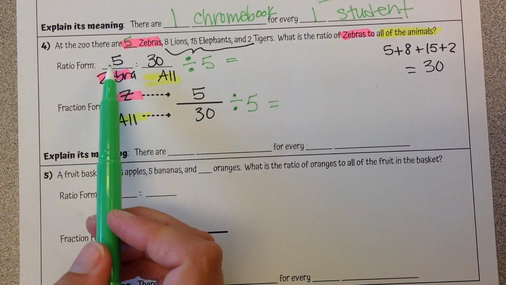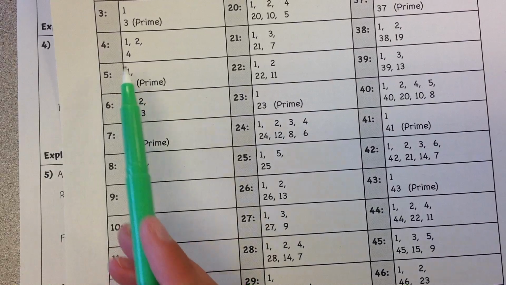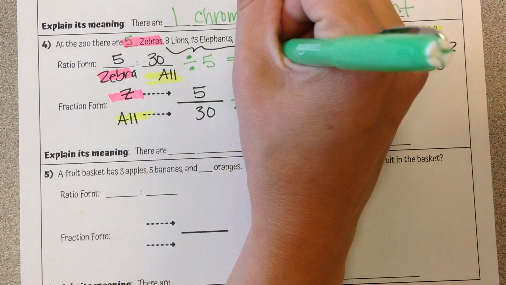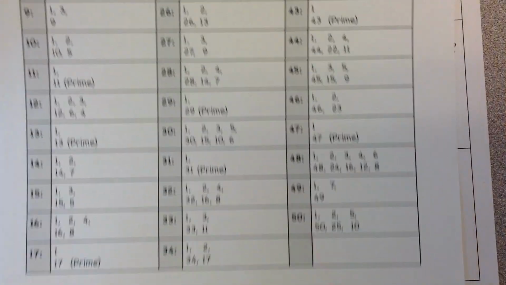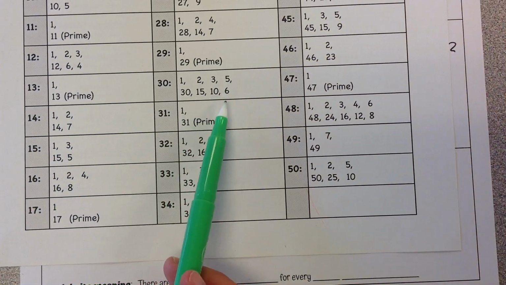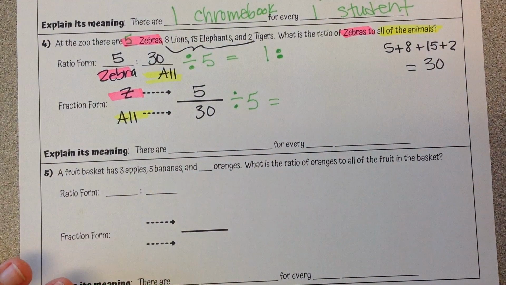Using our factor chart, 5 divided by 5, the 5 matches up with 1. So 5 divided by 5 is 1. And for 30, the 5 matches up with 6. So 30 divided by 5 is 6.